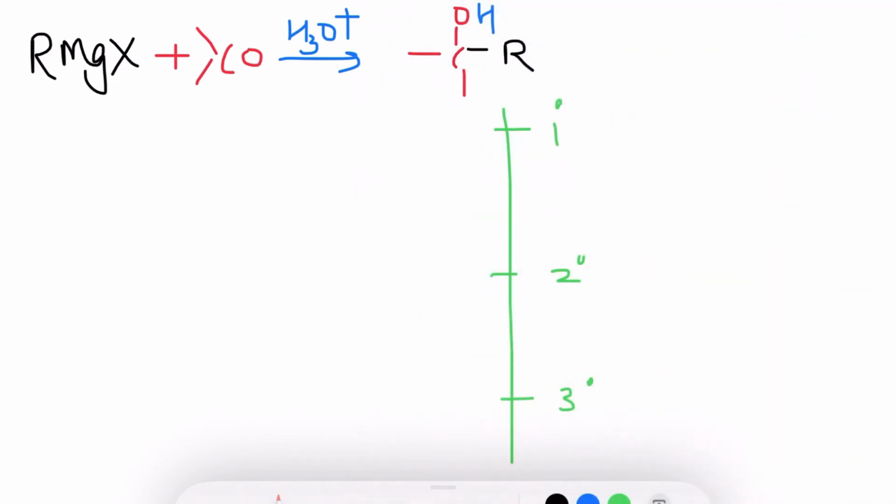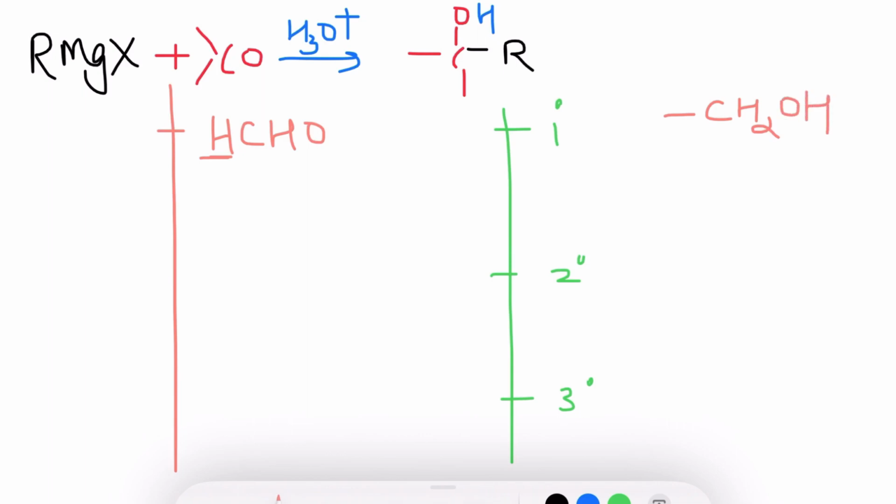For example, if we are having a reaction of Grignard with methanal, the simplest aldehyde, which does not have any alkyl part in it, it simply has hydrogen here. So in this case, the resulting product is a primary alcohol here.